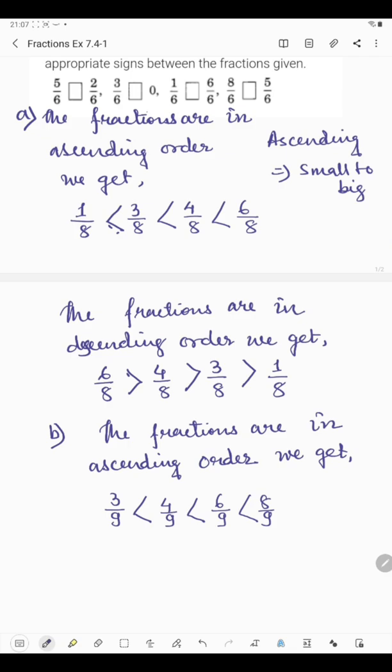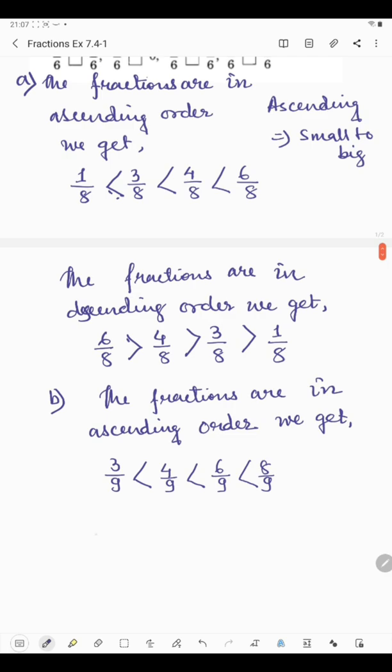Now while writing in descending order, we will arrange from bigger number to smaller number and we will put greater than sign. So the fractions are in descending order.